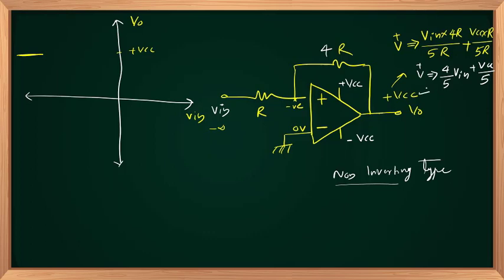Expected output is plus VCC, and that will give you a V plus value of this much: 4 by 5 times V in plus VCC on 5. If you are increasing your V in towards positive side.